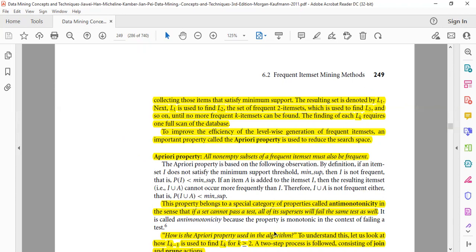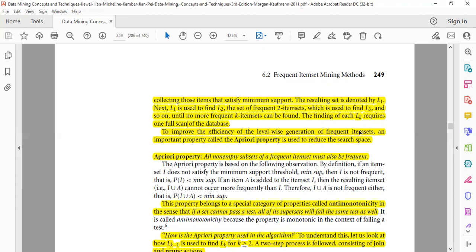For finding each Lk, we need to scan the database again and again to see, if it is a 2-item set, how many times both items occur. If it is a 3-item set, how many times all 3 items occur in the entire database.